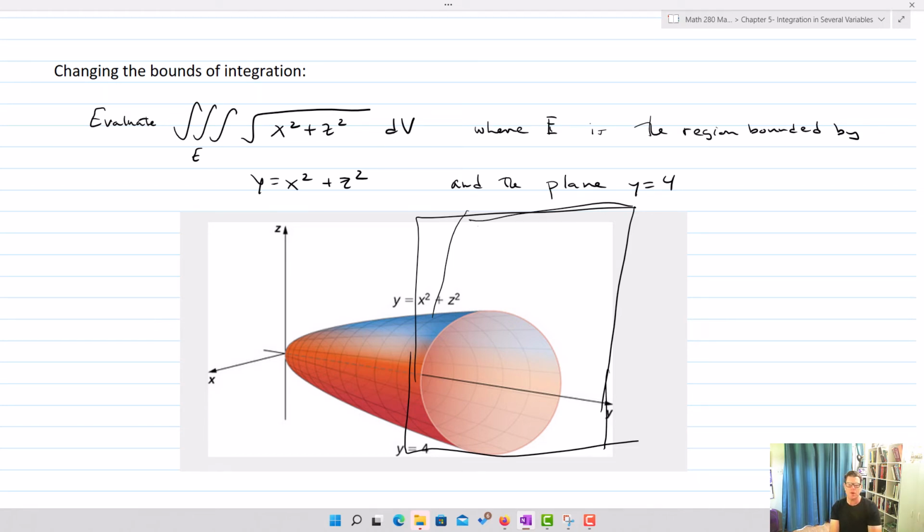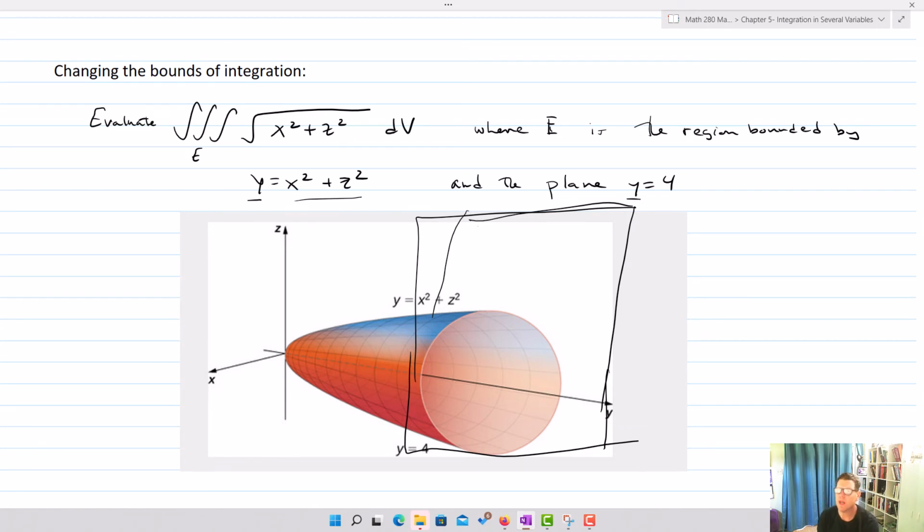So essentially what we've got here is that endpoint there of the value 4. And what I notice is I've already got my bounds set up for y in terms of x and z.